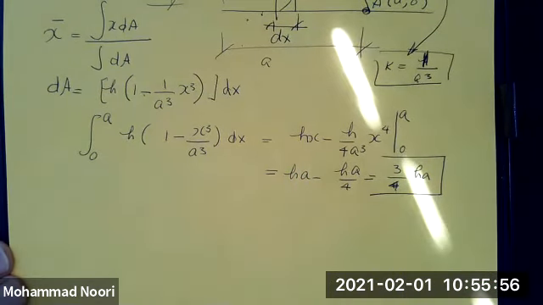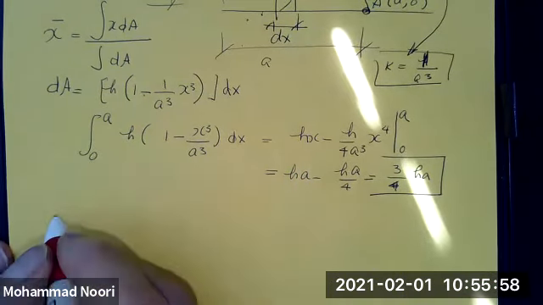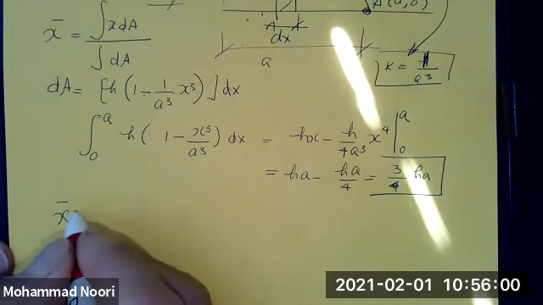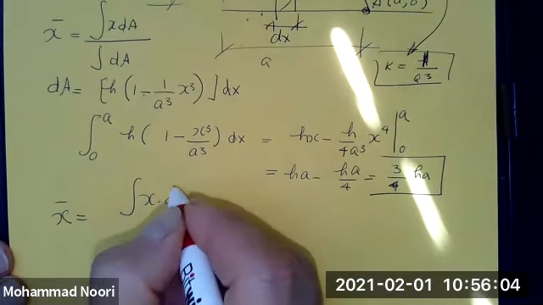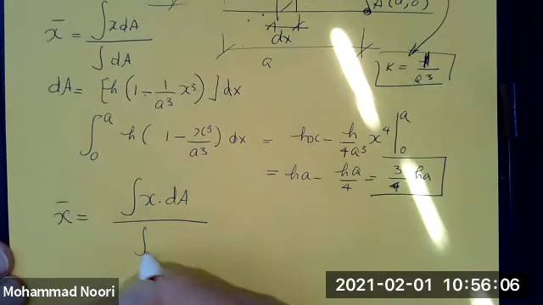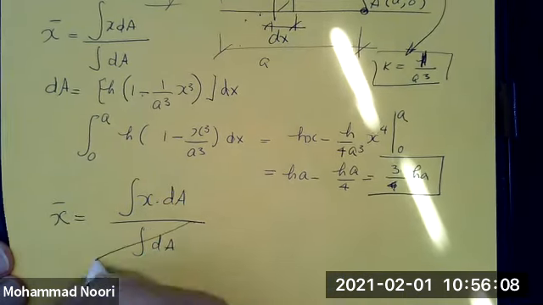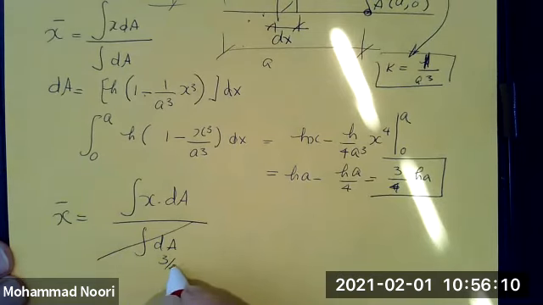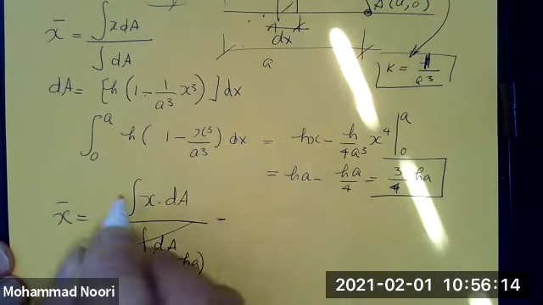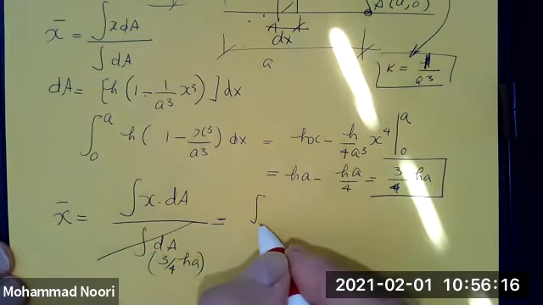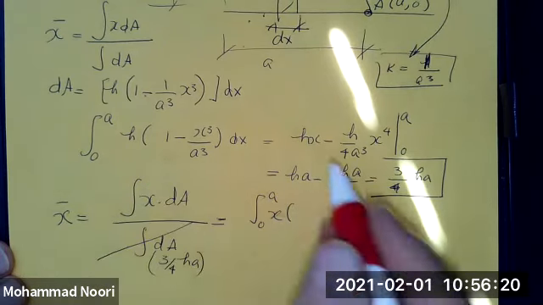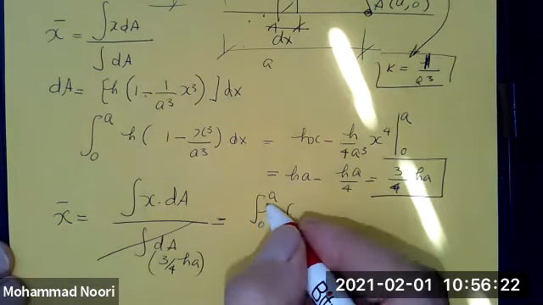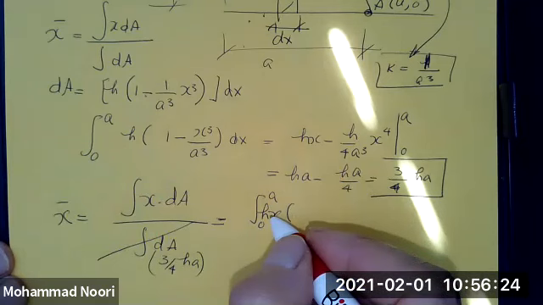So that is dA. Now, next step, you want to find x bar. That will be the integral of x dA divided by this integral, which you've already found, 3/4 of h a. So you only need to perform this integration from 0 to a: x times this, with h coming out.